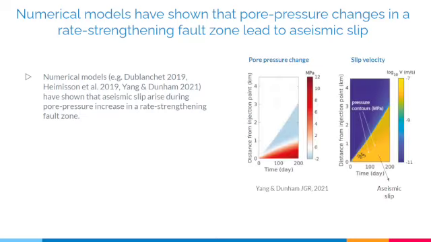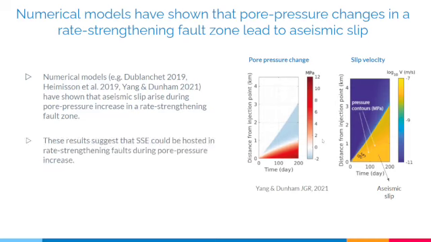So this is an example from a model by Yang and Dunham 2021, where they find that the pressurized region in a rate strengthening fault zone hosts aseismic slip. And these results are interesting because they suggest that if aseismic slip could be hosted in rate strengthening faults, it's probable that slow slip events could also be hosted.